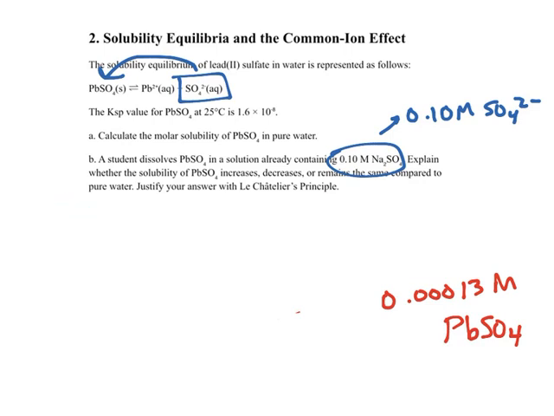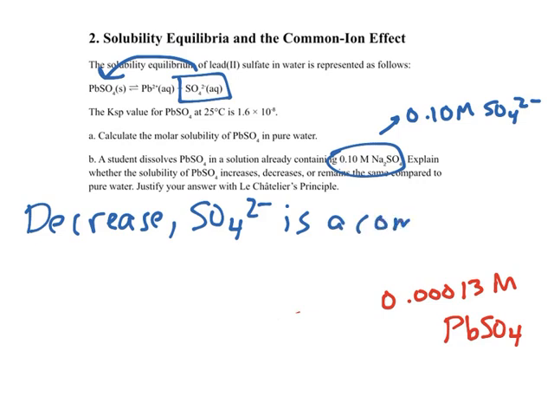So let's go ahead and answer the question. We know the common ion effect results in a decrease in the solubility of a salt. Decrease, and we could say something along the lines of the SO4 2- is a common ion according to Le Chatelier's principle.